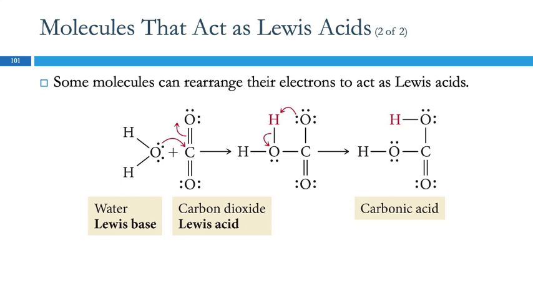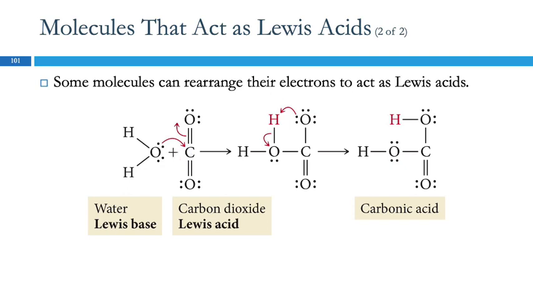Some molecules will actually rearrange their electrons. And this is the sort of thing that you'll see a lot of in OChem. So here we have carbon dioxide, the Lewis structure, and the Lewis structure for water. Water here is going to act as a Lewis base. It's got a nice pair of electrons here, a lone pair. And it's going to attach to the carbon here.